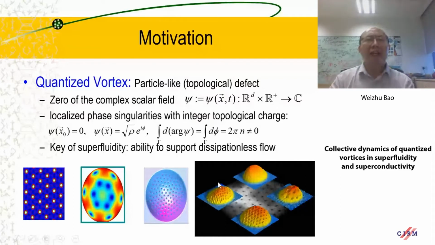Basically, quantum vortices exist in superconductors, modeled by the Ginzburg-Landau equation, and in liquid helium 3, modeled by a two-fluid model, a coupled Euler system with Vn and rho n, the velocity and density for the normal component, and rho s, Vs for the superfluid component.